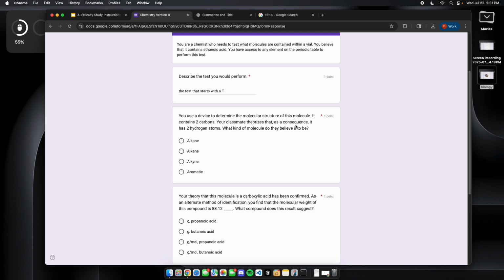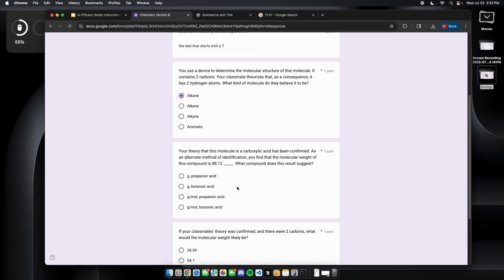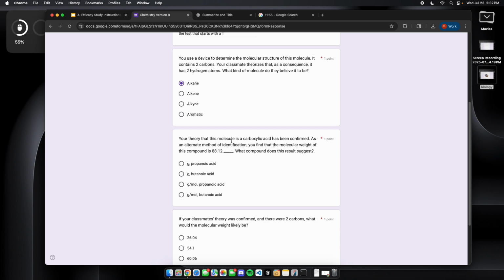Your classmate theorizes that as a consequence, it has 2 hydrogen atoms. What kind of molecule did you believe it to be? Go with alkane. Your theory that the molecule is a carboxylic acid has been confirmed.